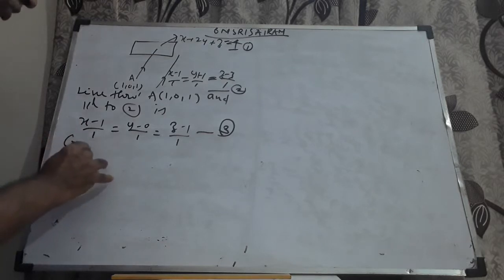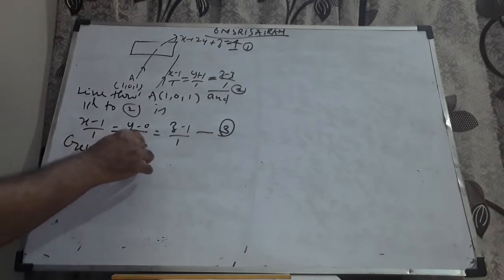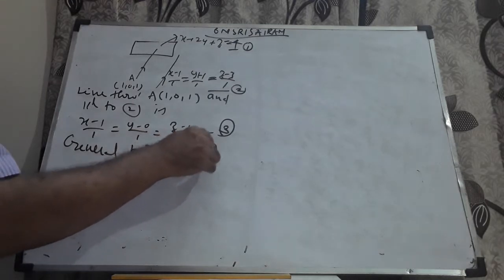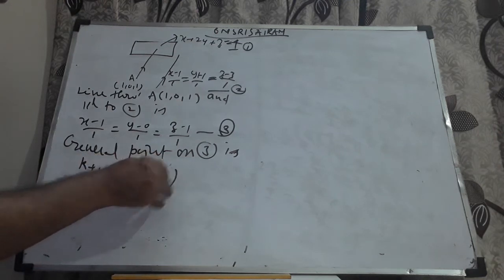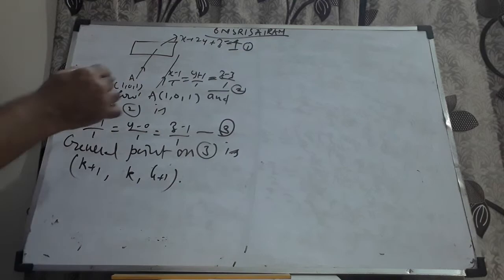Now, the general point on 3 is (k + 1, k, k + 1).